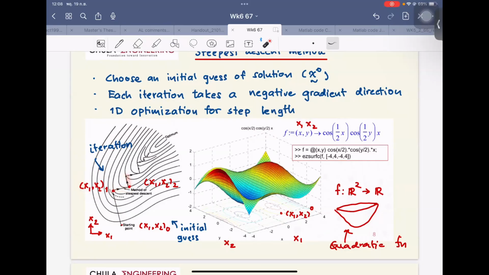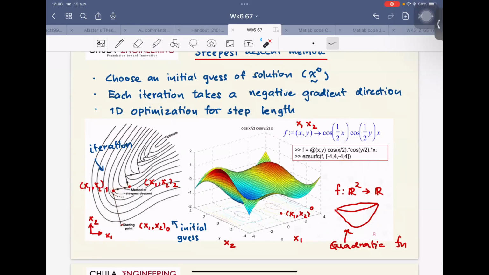Now, interestingly, this is the search direction. For every iteration, the current search direction and the following iteration will be perpendicular. That's a proof.